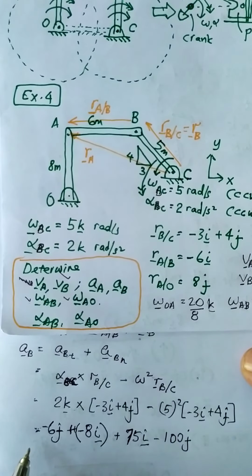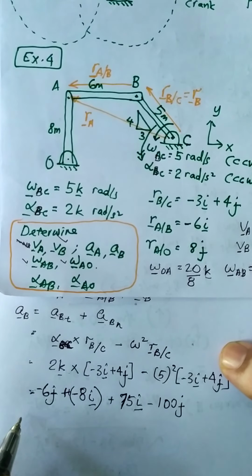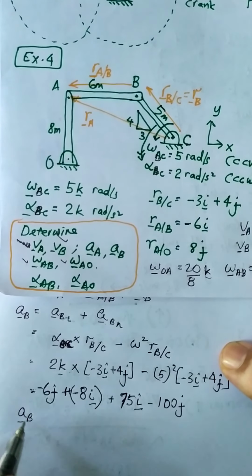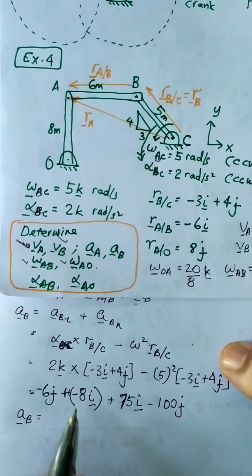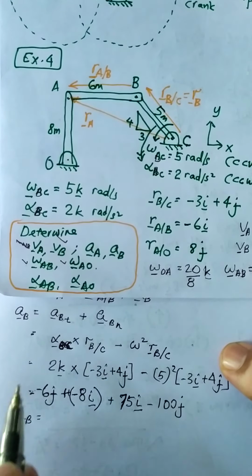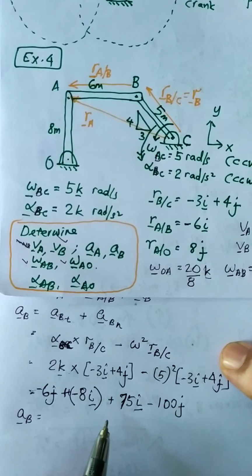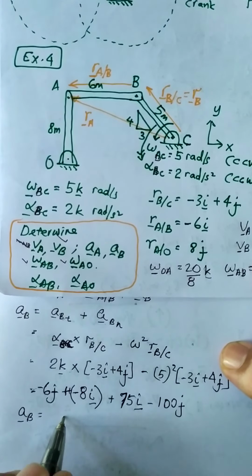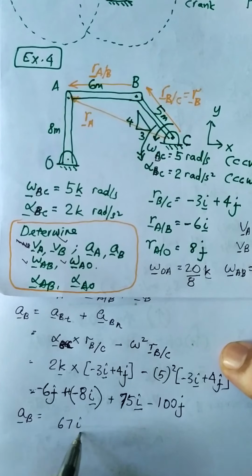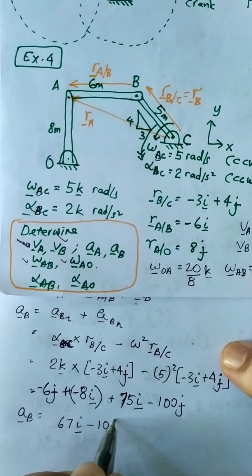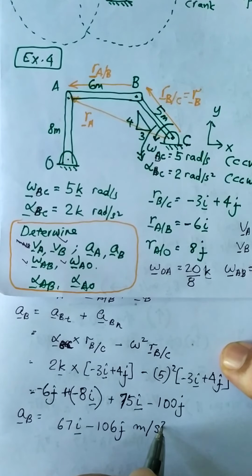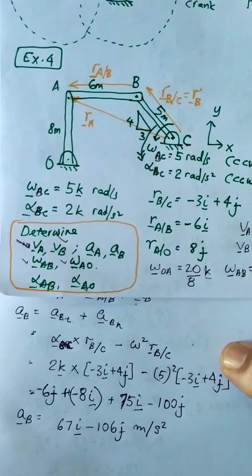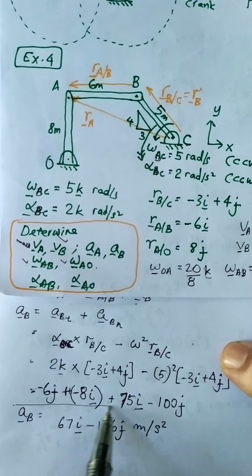So we can now safely write that the acceleration of B equals minus 8i minus 6j plus 75i minus 100j. 75 minus 8 is 67. So 67i minus 106j meters per second square. So that is the acceleration of B.